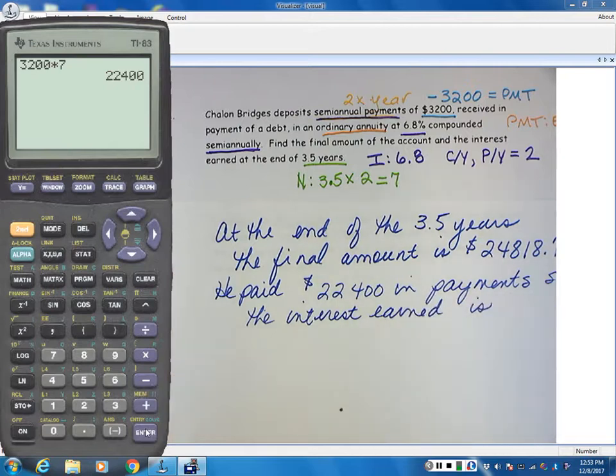So that means that the amount of interest that he earned, and somehow I got an extra 2 in there.